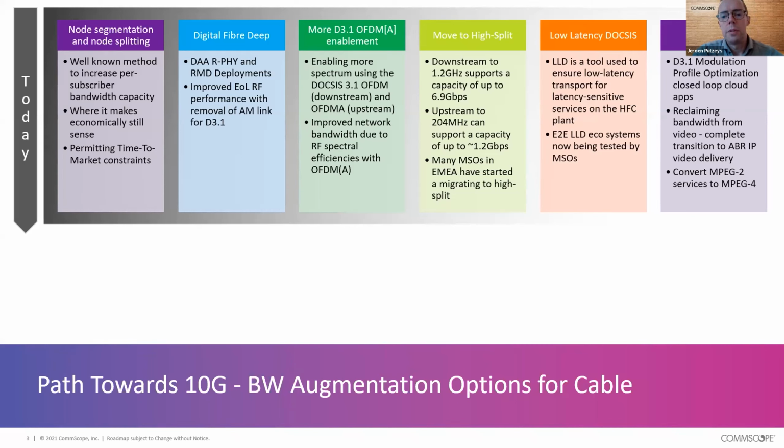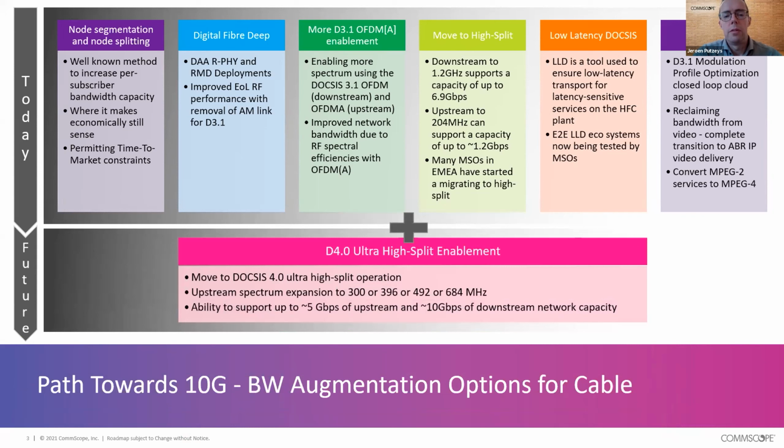Now, all of these options can be leveraged, implemented, and considered today in this journey towards 10G. This is obviously what can be done today. Now, when we consider the future, and in particular DOCSIS 4.0, DOCSIS 4.0 is really enabling a gradual and responsible adoption of DOCSIS 4.0 technology.